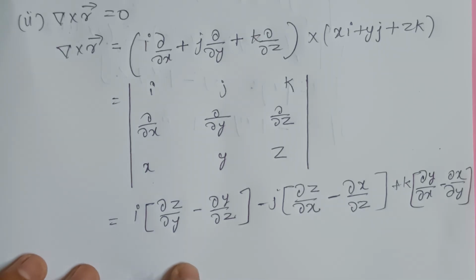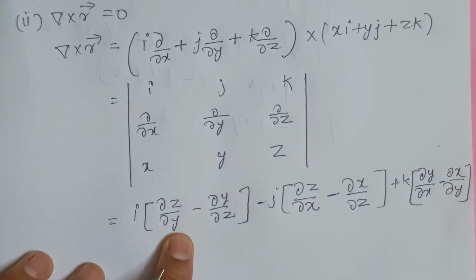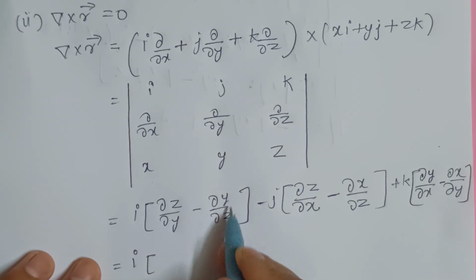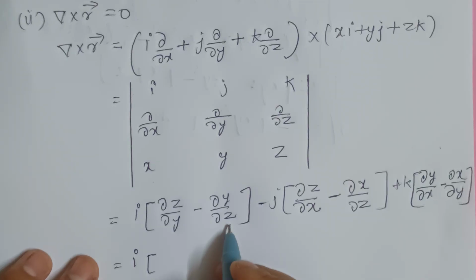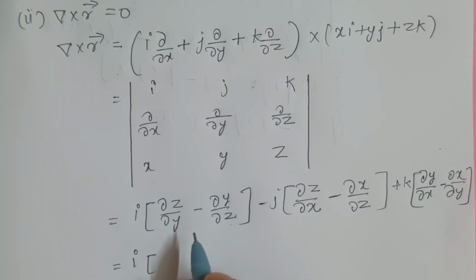So now differentiating z with respect to y, the partial differentiation of z with respect to y is 0. The differentiation of y with respect to z is also 0, because if you differentiate a constant with respect to something, it gives you 0.